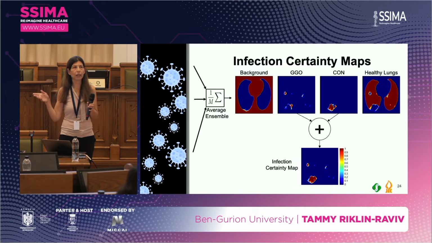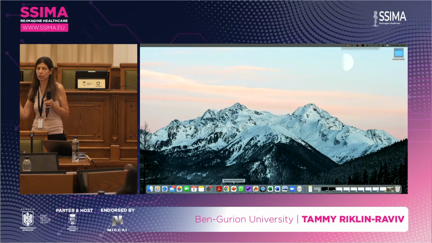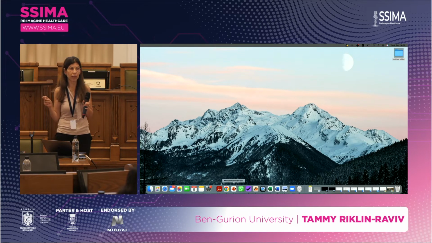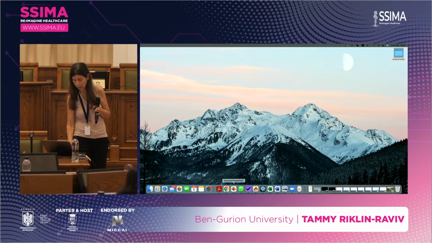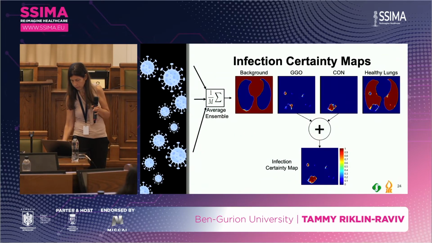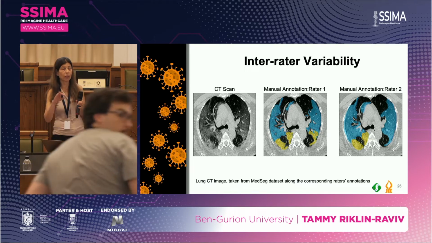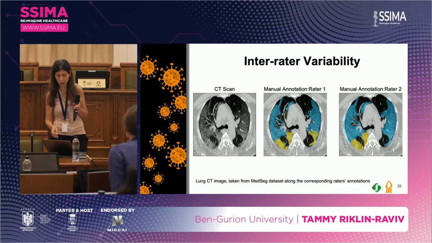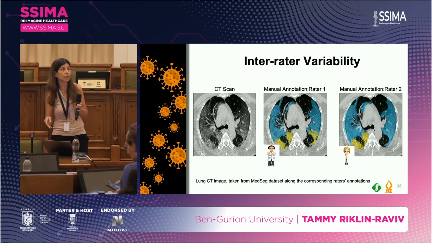I had a hypothesis that the disagreement between the networks in the ensemble might be correlated to the disagreement between raters. And we actually checked that. We have two different raters, rater 1 and rater 2. Here you can see an example of annotation in light blue and in yellow. Let's say these are annotators.